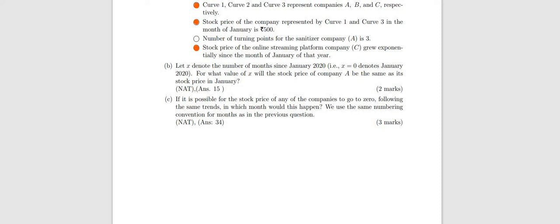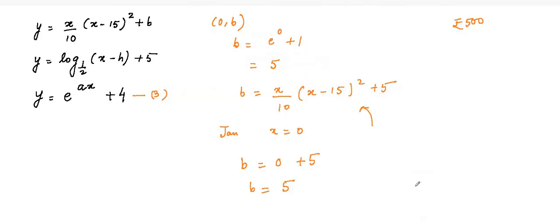It is asking what will be the next such month, or such a number of months, that the stock price will be just the same as in January. So we have to find out the value of X such that this Y is going to be equal to 500, because in January we have already calculated that it is equal to 500.